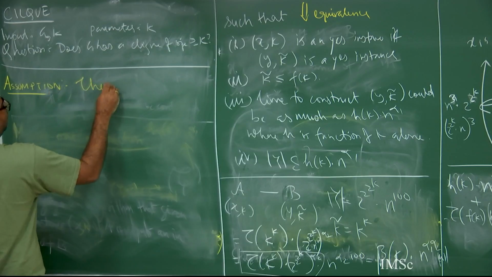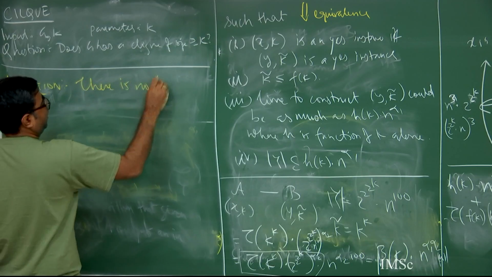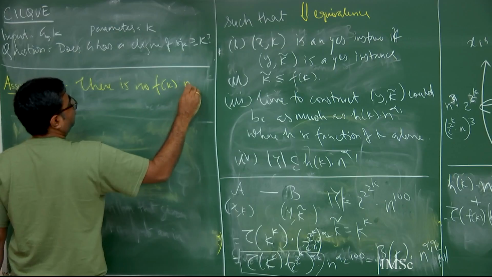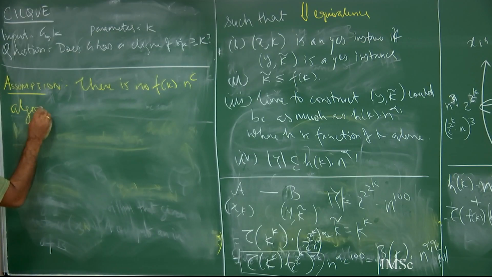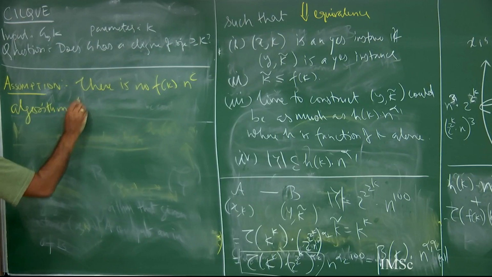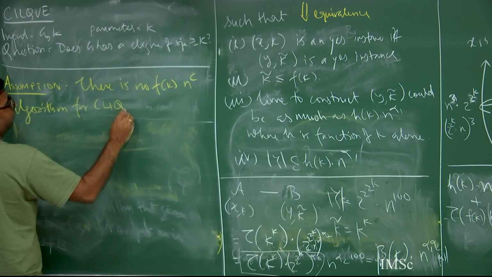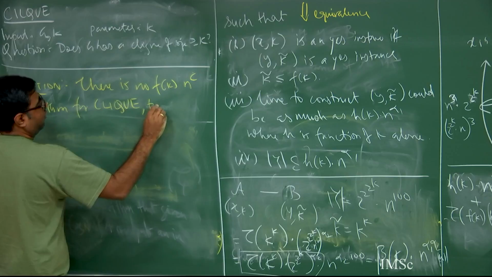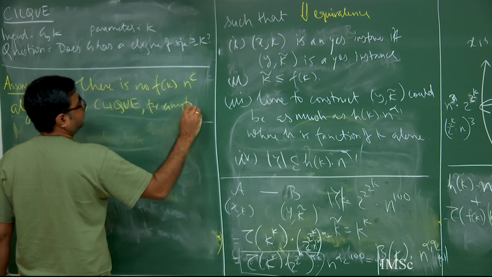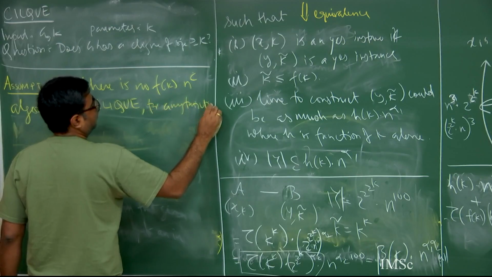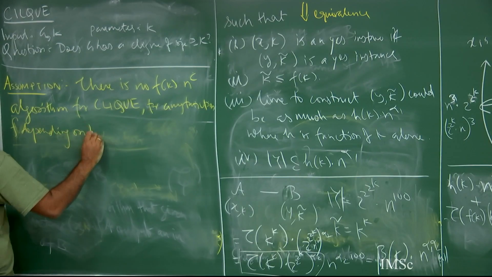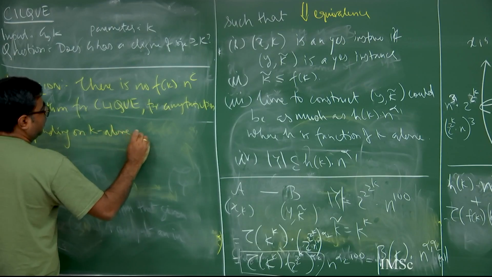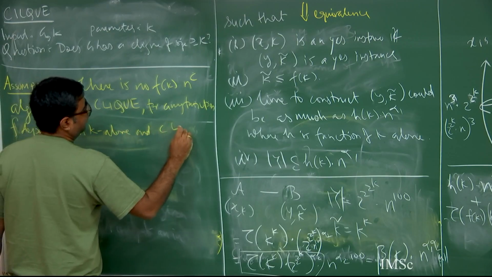There is no f of k n to the power c algorithm for clique, for any function f depending on k alone and c being a fixed constant.